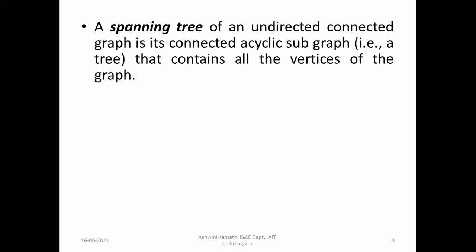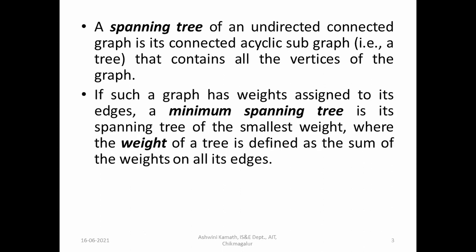So the condition for the spanning tree: we are given a graph, and from that graph we have to create a tree. All the vertices must be present in the spanning tree and all the vertices must be connected. And tree means obviously it is acyclic, right? It should not contain any cycle. So that is a spanning tree.